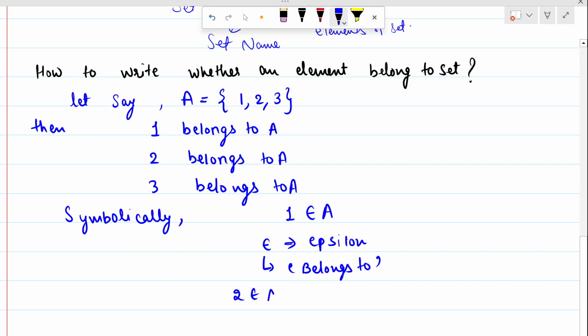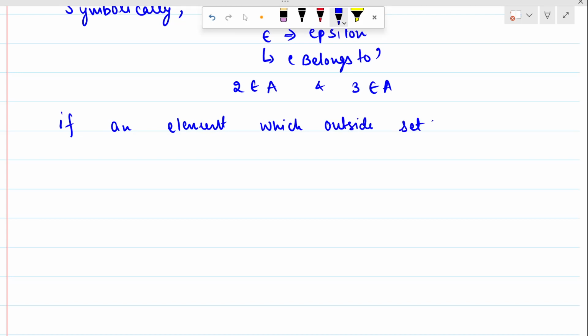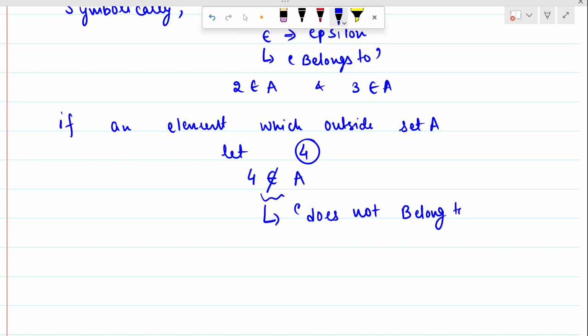Similarly, we have 2 belongs to A and 3 belongs to A. If we have an element which is outside the set A, let's say element 4, which is outside A, so we can say 4 does not belong to A. So this symbol means does not belong to. So this was about representation of a set.